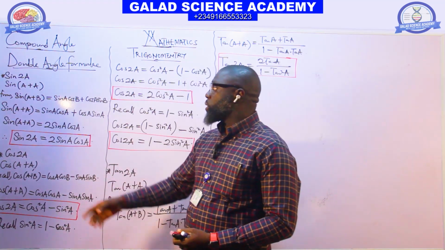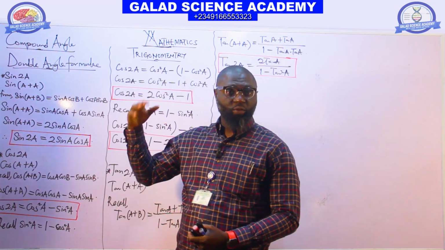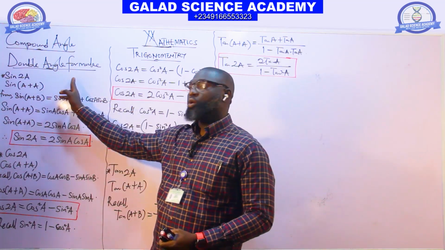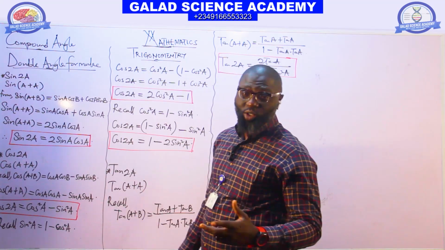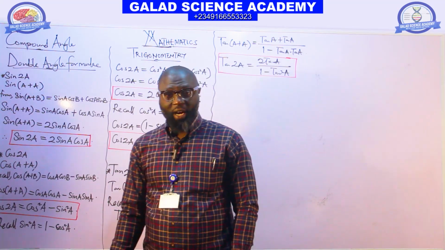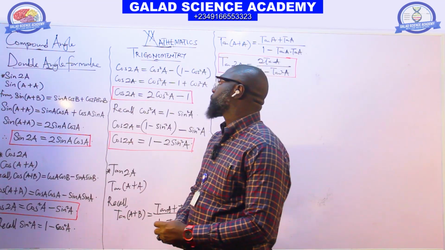So we stopped at compound angle. And I said under the compound angle we have the addition formula, where we have double angle, triple, and half angle. I also discussed the trigonometry graph in my previous video.